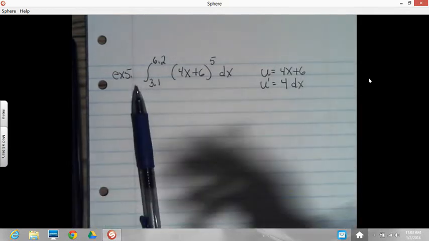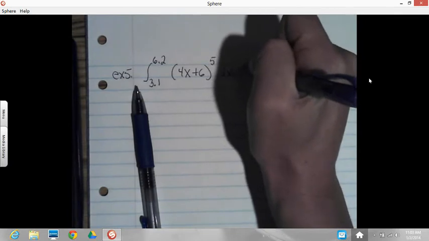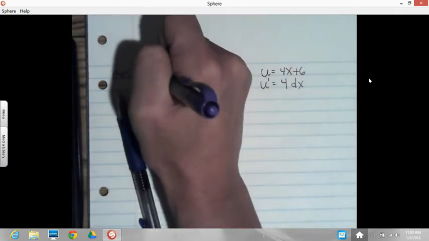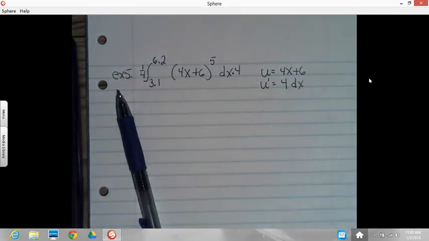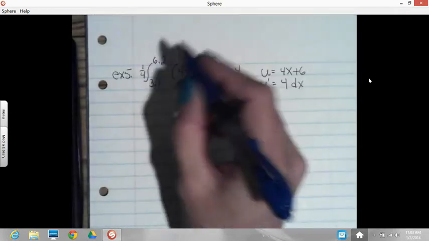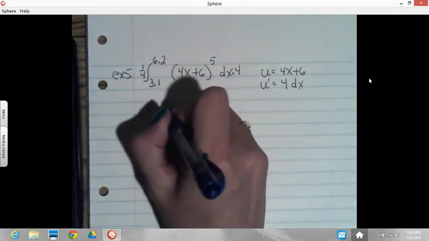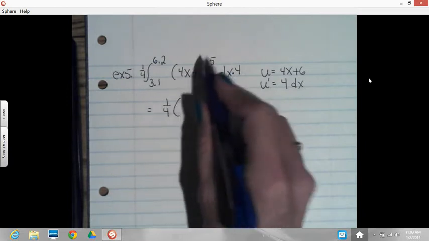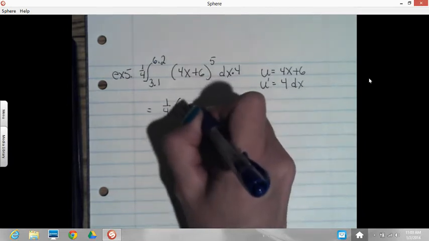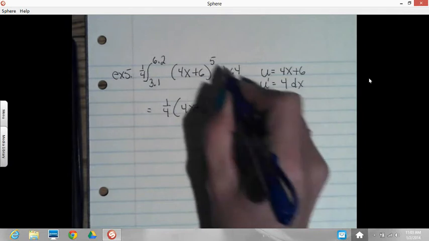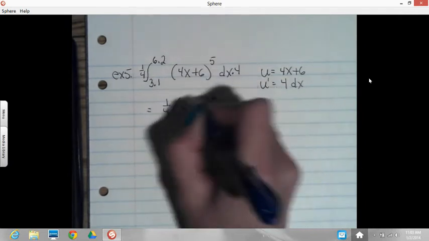So I can multiply by 4 here, as long as I multiply by 1/4 out here, basically hitting it with a 1. So now 1/4, now power rule here. 4x plus 6, add 1, multiply by the reciprocal.